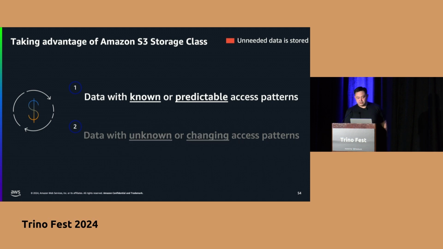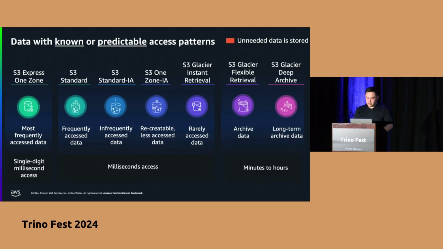So let's talk about data with known or predictable access patterns, such as data that becomes infrequently accessed after a definitive period. If you have a use case with a known access pattern, the next step is to choose a storage class that best matches your requirements and how you want to use your data.